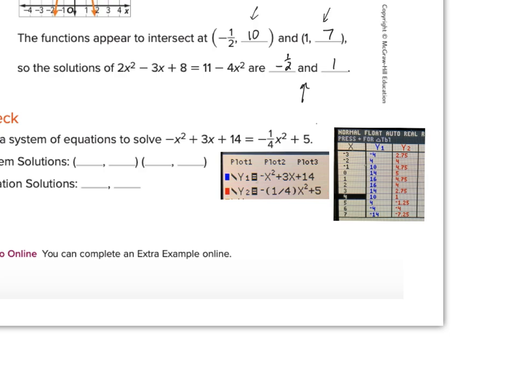It turns out when x is negative 2, y is 4. That's one intersection point. The other intersection point is when x is 6, y is negative 4. And so my solutions are the x values of negative 2 and 6.